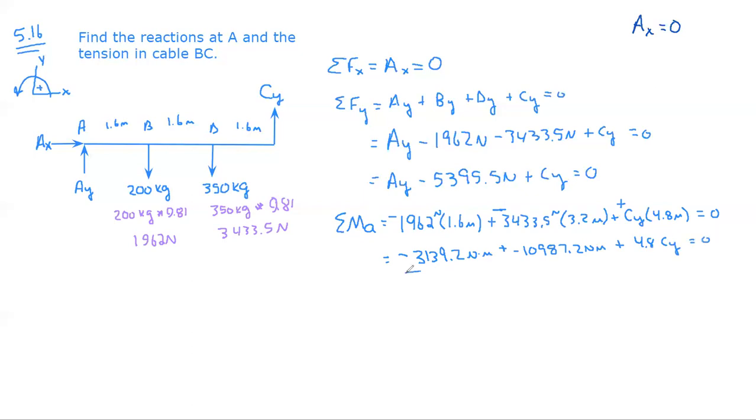Combine these terms, they're alike. That's negative 14,126.4 plus 4.8 CY is equal to 0. Working to isolate CY, adding 14,126.4 newton meters to both sides.